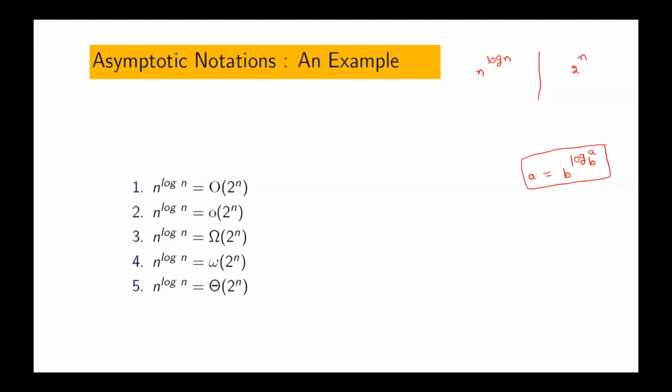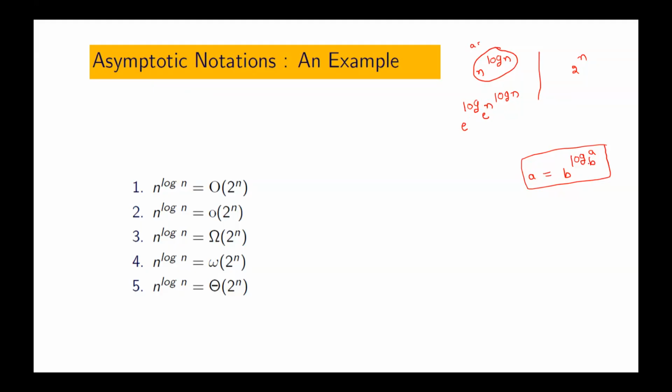So now, n power log n we can write as e power log of n power log n base e. We know that a is the same as b power log a base b.